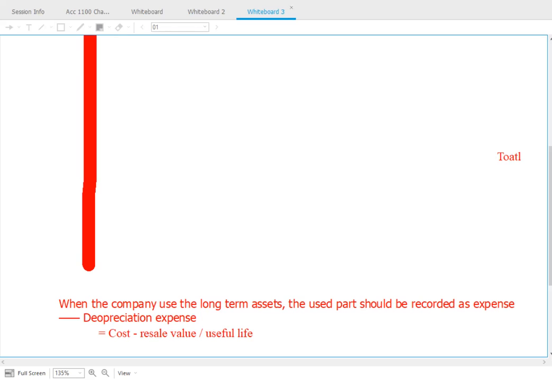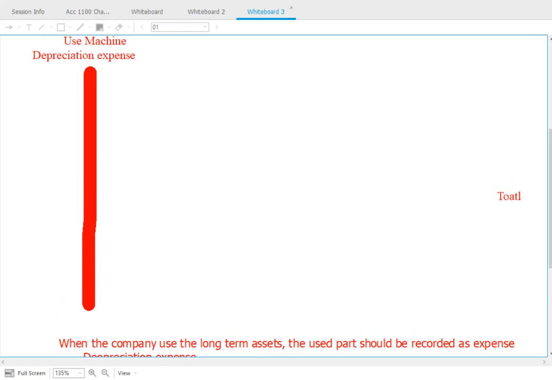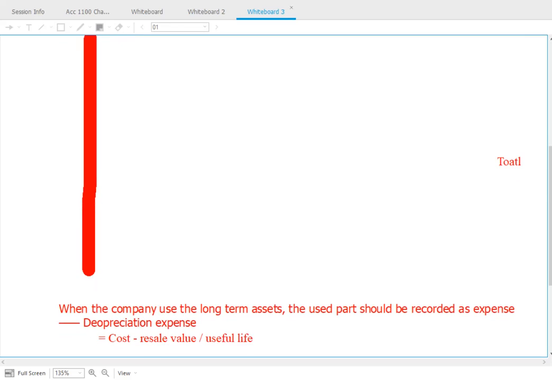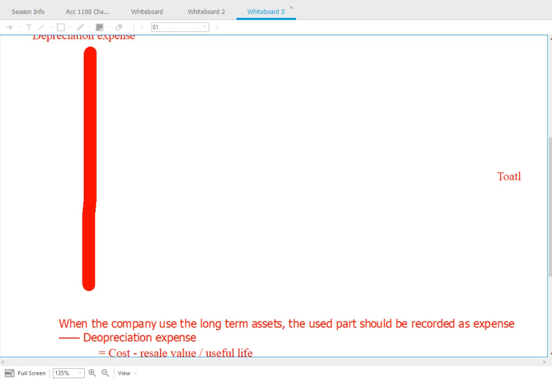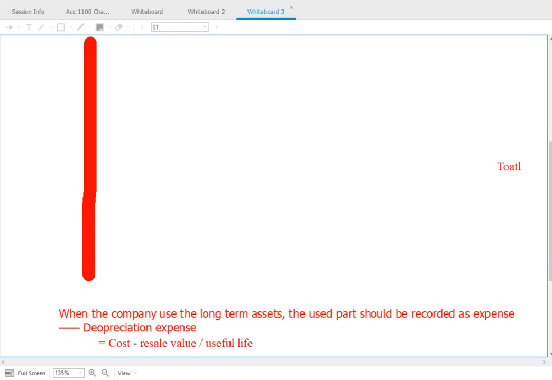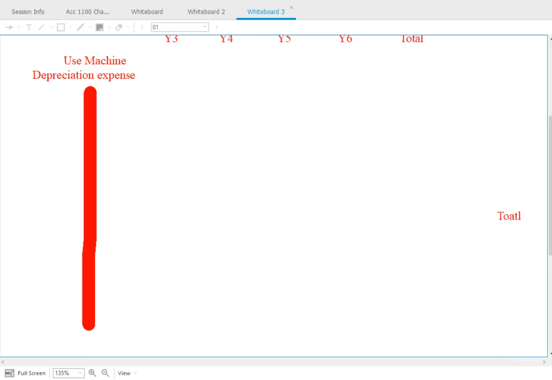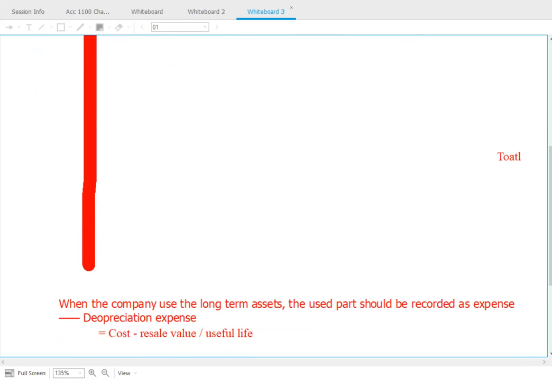So one more time. When I'm talking about long-term assets, those assets that are going to be used in my company for a long period of time, at the time of the purchase, this is an asset. It is not an expense. But at the end of the year, when I use the asset for a whole year, I have to say that I used the asset.